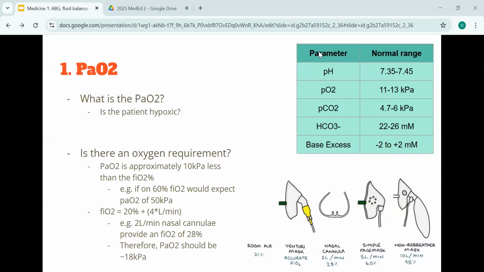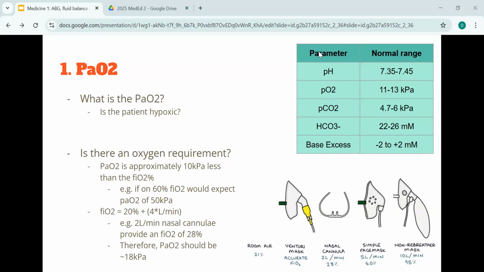Something to note is also whether an individual has additional oxygen requirements, such as a nasal cannula or any of these other additional oxygen devices seen on the screen. It's important to know these because we need to be able to assess how well a person is actually ventilating their lungs.